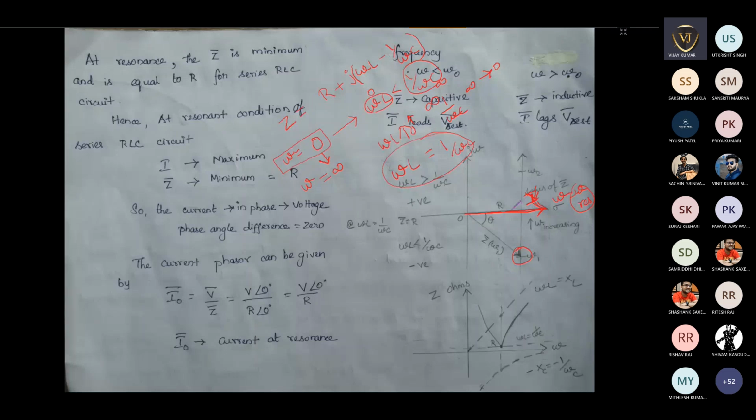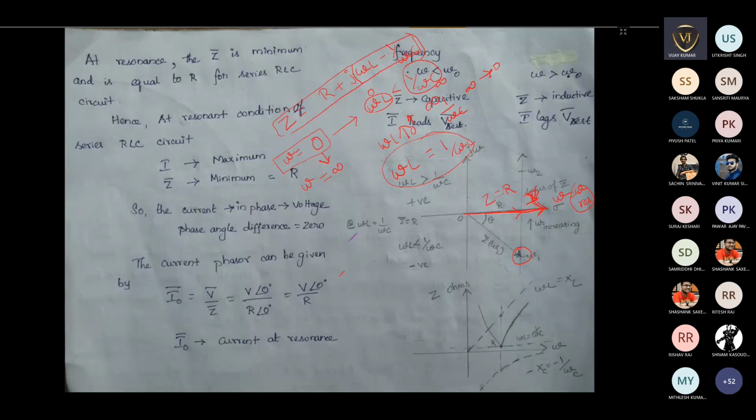If you are plotting only Z, your resultant Z will be in phase with R. If it is a capacitive circuit, just a minute, let me draw.